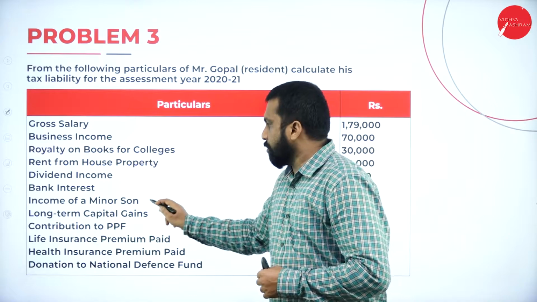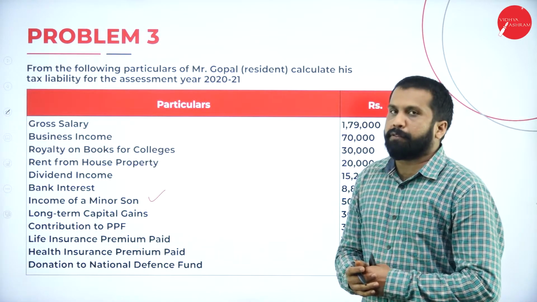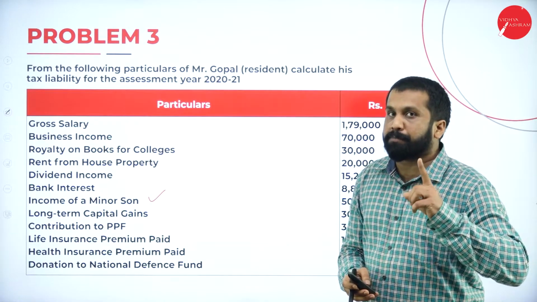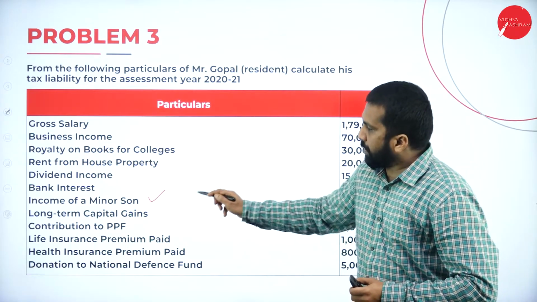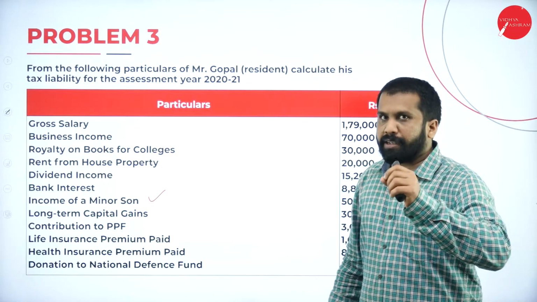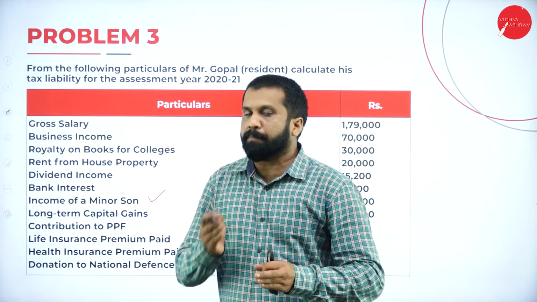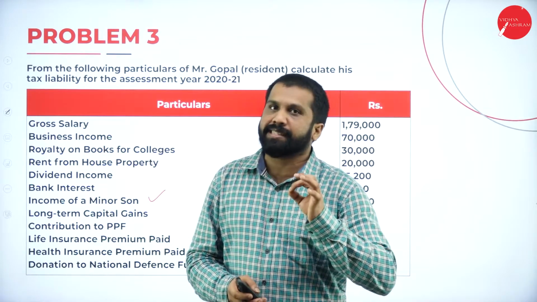I'll teach you how to calculate this. If it is any income from a minor son, we have exemption up to 1500 per child, maximum of 2. Remember this. In case of a minor son, write down: it is clubbing of income, minor son or minor daughter up to 1500 rupees exempted.